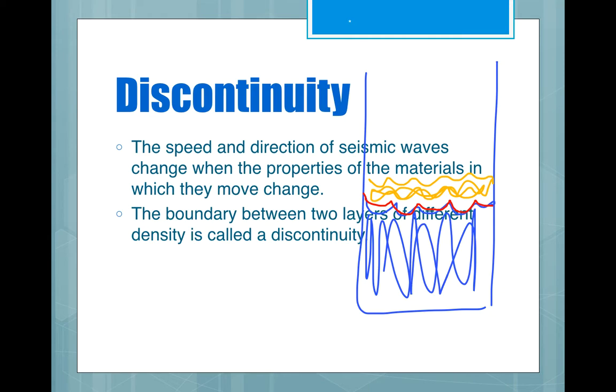I could take this beaker, put a lid on it, shake it up. If I came back in 5 minutes, you would see these layers separated again, and you would have that discontinuity. So the discontinuity is that layer where there is a density difference, and it's that boundary. Okay, that's where the speed and direction of seismic waves changes.